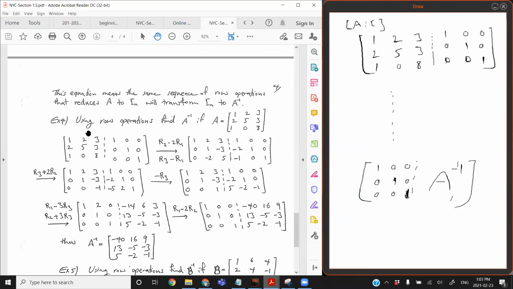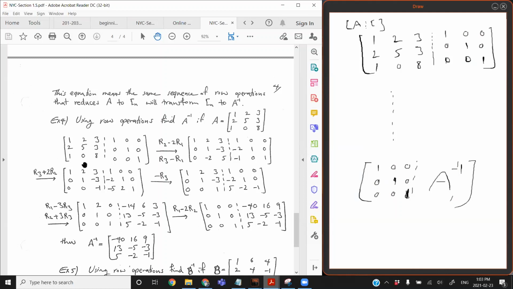So your first step, you put A here and I here, the identity matrix. And then you begin the row operations as usual. I need to get a 0 here and a 0 here. So row 2 minus 2 row 1, row 3 minus row 1. And then you perform these row operations on the whole matrix, including this part. So negative 2 times this to this gives you 0.